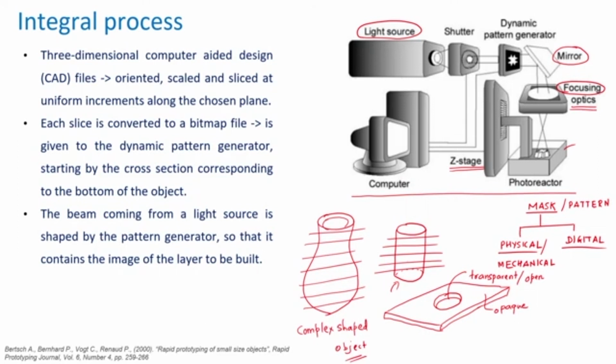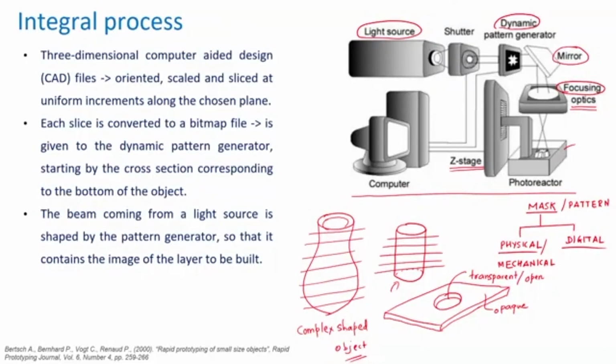In that case we have to generate the pattern in a dynamic way. For each and every 2D slice, the shape would be different, and for that portion of the slice we have to apply the laser beam energy or UV energy. So, how to carry out this operation? There we are using LCD displays, which we will see in the next slide.